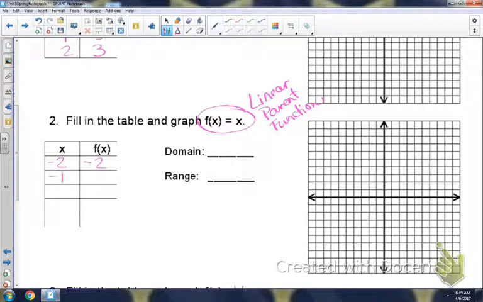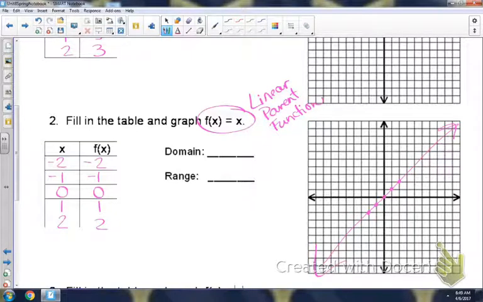If we plug in a -1, we're going to get -1. If we plug in a 0, we're going to get 0, 1, 1, and 2, 2. Okay, and it's continuous, so just draw your straight line. So that is the linear parent function.